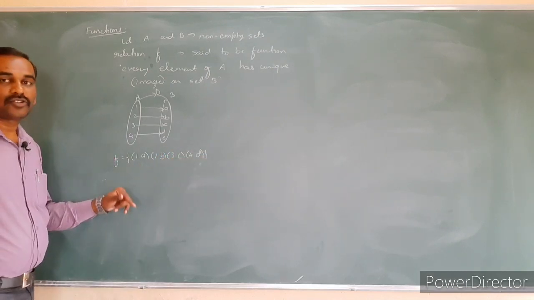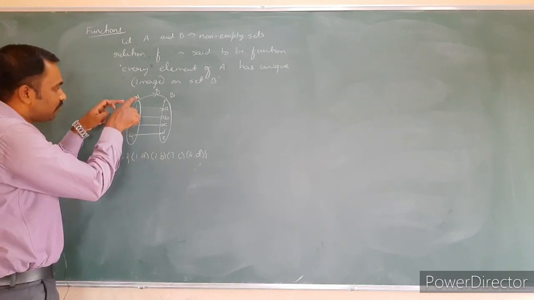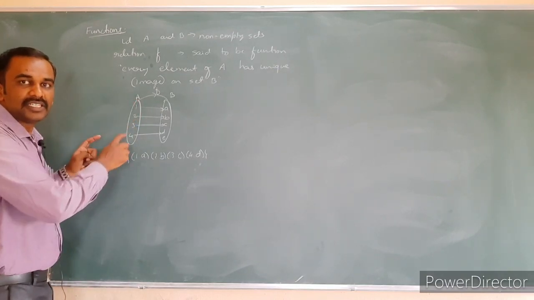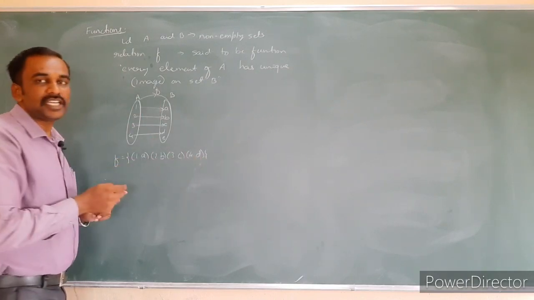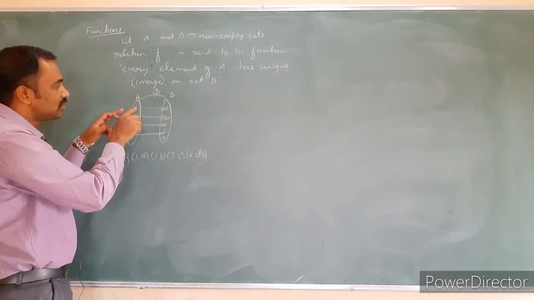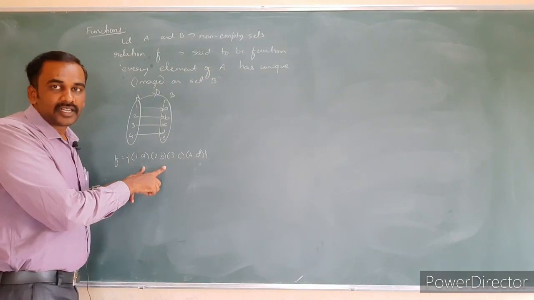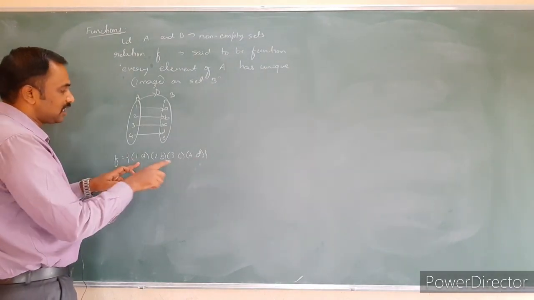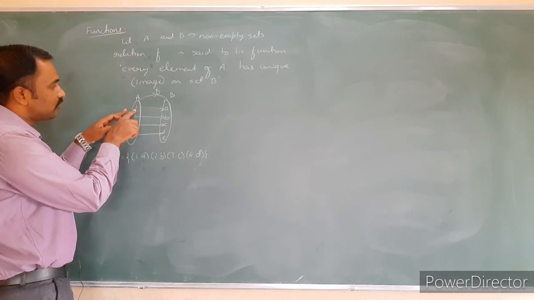This relation is said to be a function when every element of the set A has a unique image, uniquely related to the elements of the set B. Element 1 is related to how many elements? Only one.